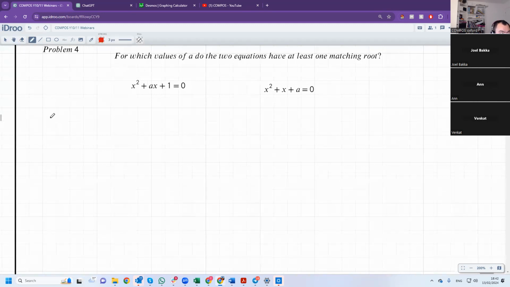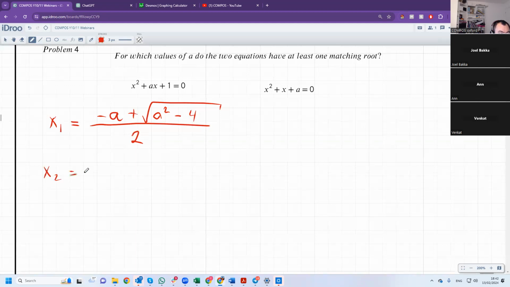So let's find x1. x1 for the first equation is minus a plus the square root of a squared minus 4, over 2. x2 is minus a minus the square root of a squared minus 4, over 2.